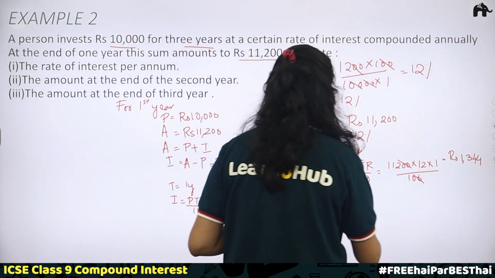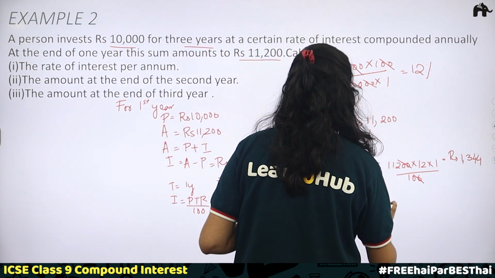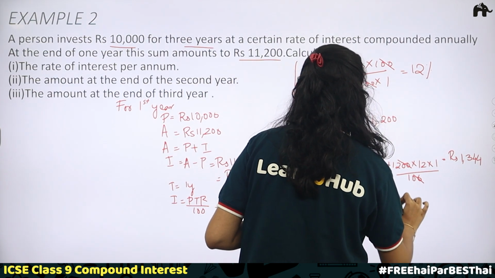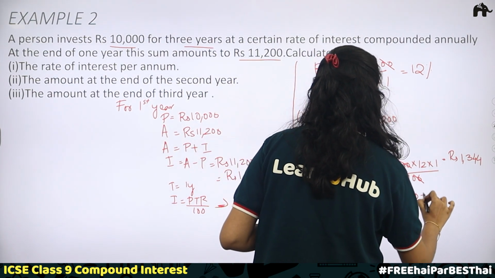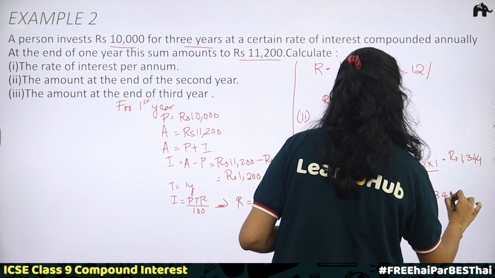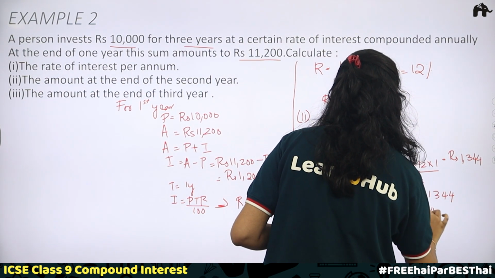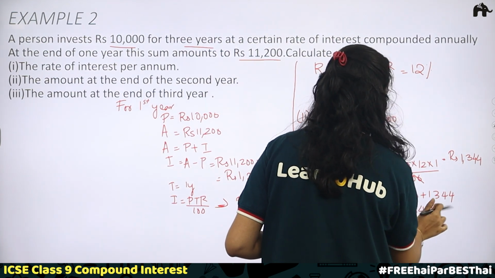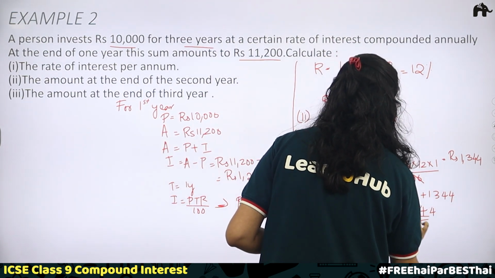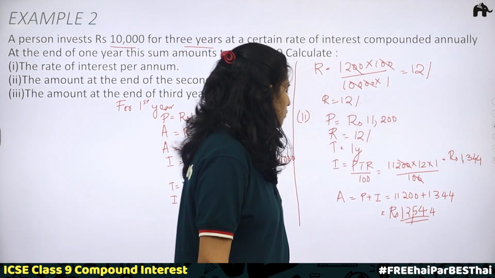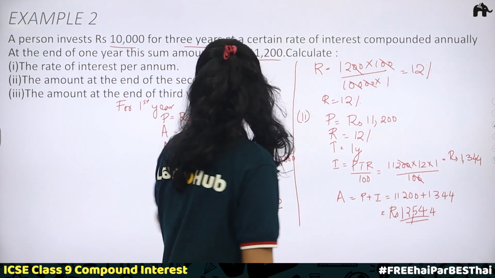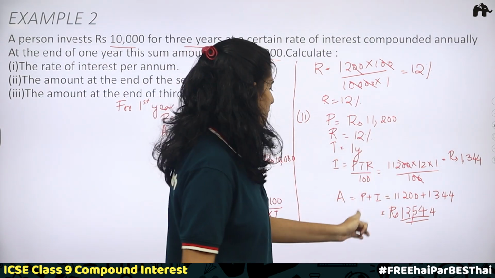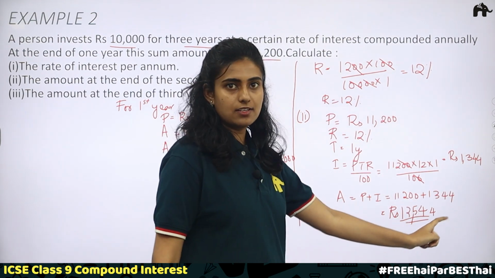Now we can calculate the amount. Amount will be equal to principal plus interest. 11,200 plus 1,344. You will be getting 12,544. Rupees 12,544 is your amount for the second year. At the end of second year, the amount will be rupees 12,544.